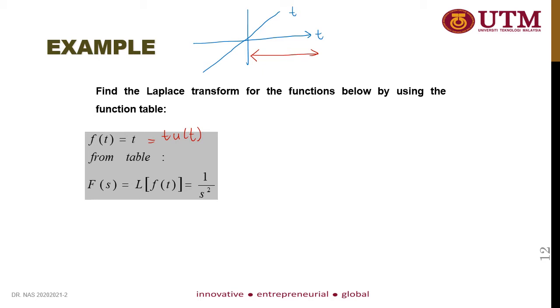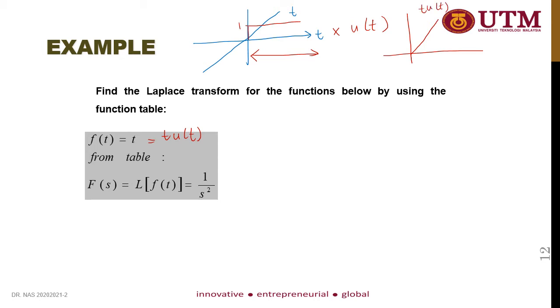Okay, in this case f(t) equal to t, so we can assume it is f(t) equal to t u(t). So in this case t multiplied with u(t), and we know that u(t) is this one, so only positive side will be considered.